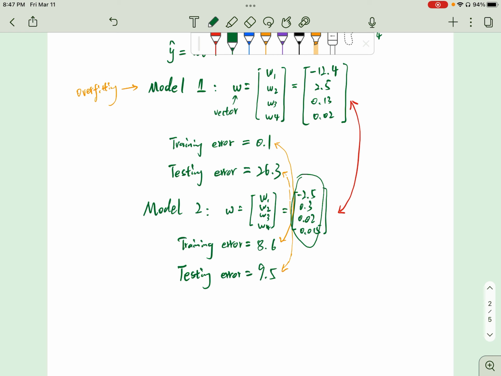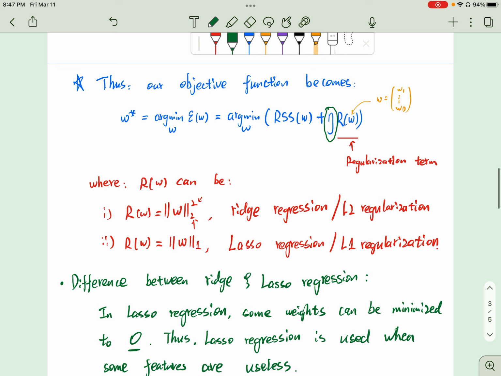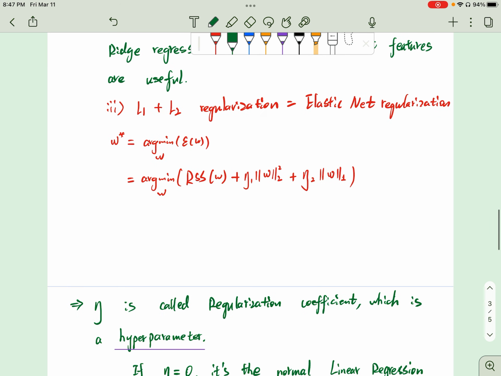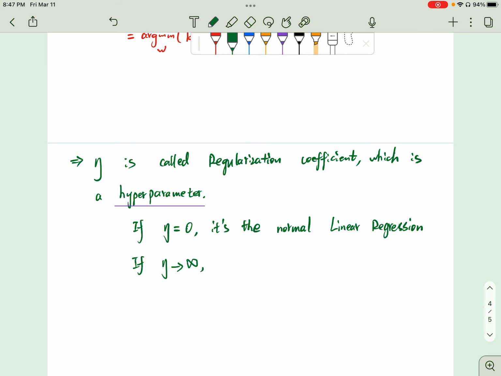So these weights will go to very small. That means our model will become very simple here. Okay, so let me write here. So if eta goes to infinity, our model will be very simple.